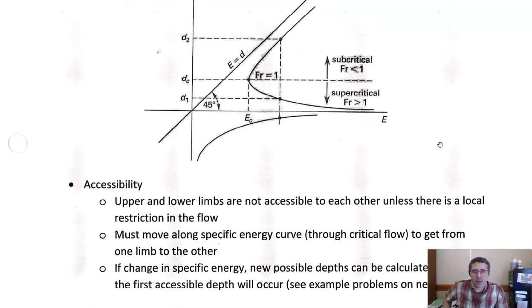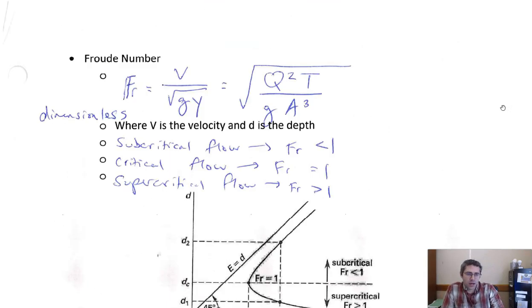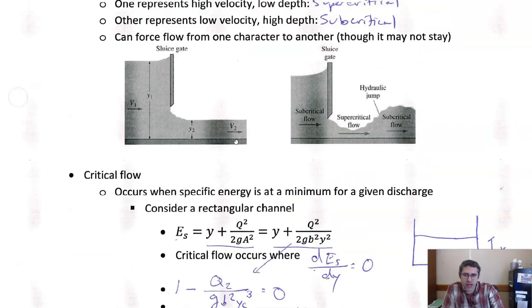Now, talking about moving on this curve, I mentioned that in uniform flow, the specific energy is constant. So whether I'm in supercritical flow or subcritical flow, if I'm in uniform flow, I'm not moving from that value of specific energy. However, if I'm at varied flow and I'm kind of moving along, like say we look at these cases, so here I'm not in uniform flow because my depth is not constant.